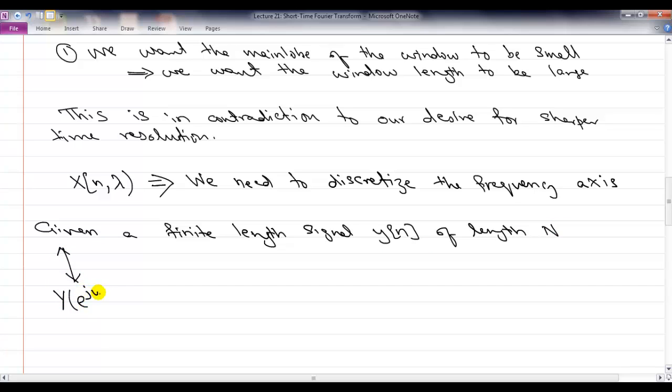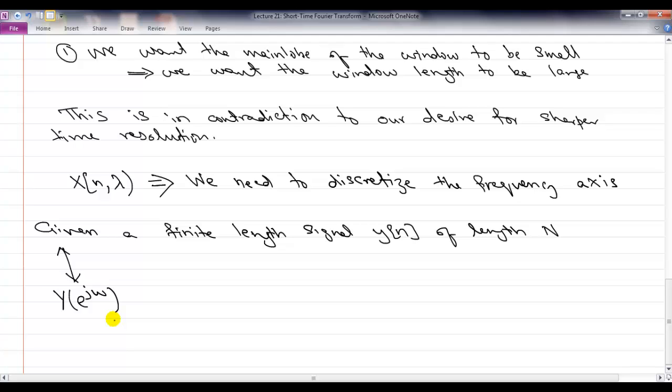Let's call it Y(e^{jω}). And a long time ago, we had talked about the fact that if a signal is of length N, then you can compute N samples of its DTFT, and those N samples are sufficient for us to reconstruct the original signal.